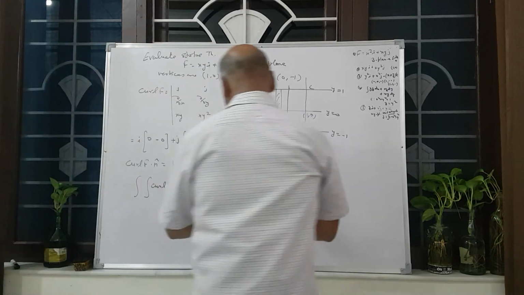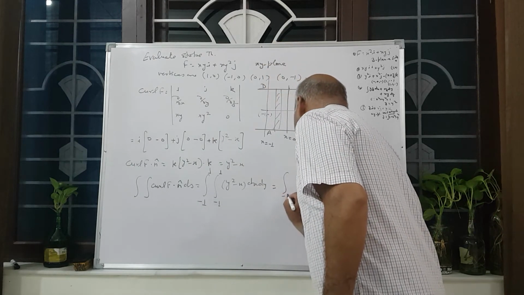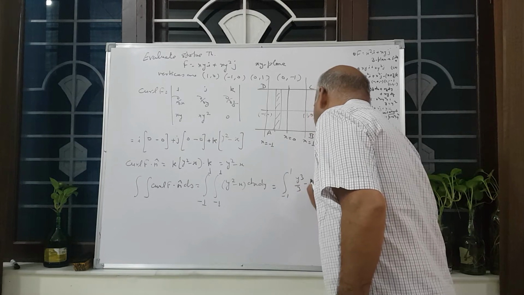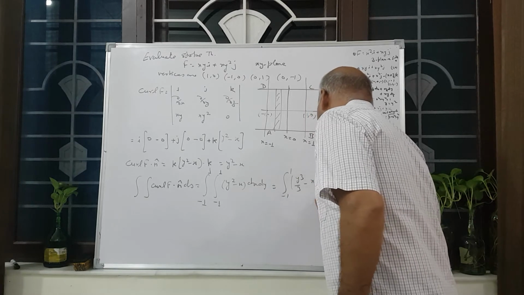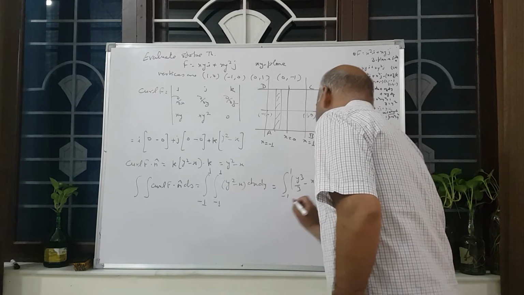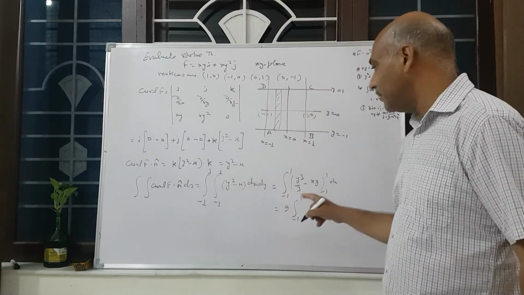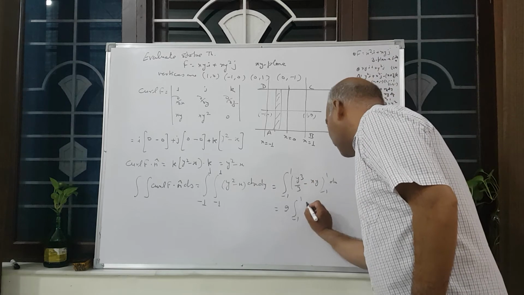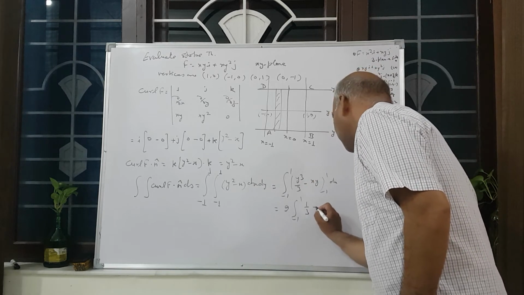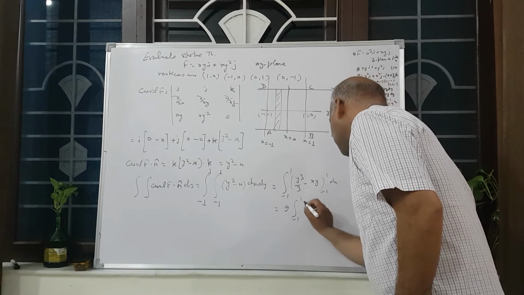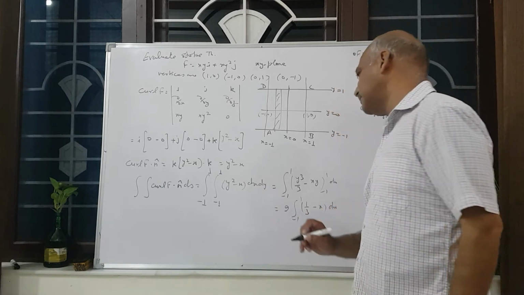Now you have to integrate with respect to y. So minus 1 to 1, y cube by 3 minus xy, minus 1 to 1 dx. So this becomes 2 times, 1 by 3 minus x dx.